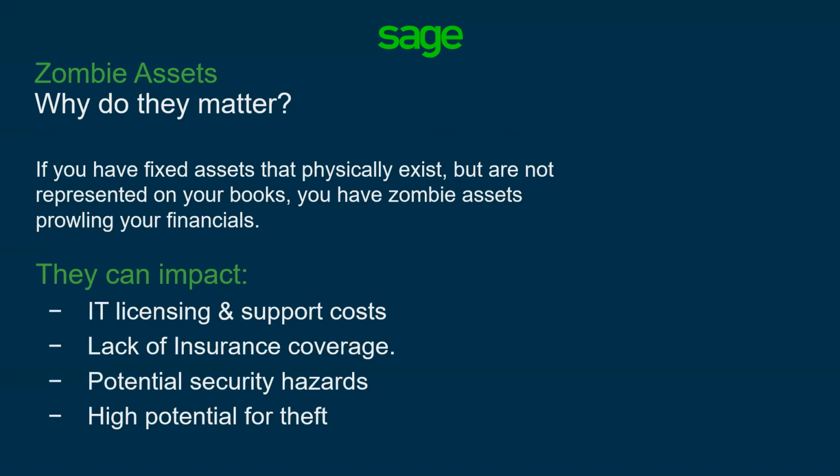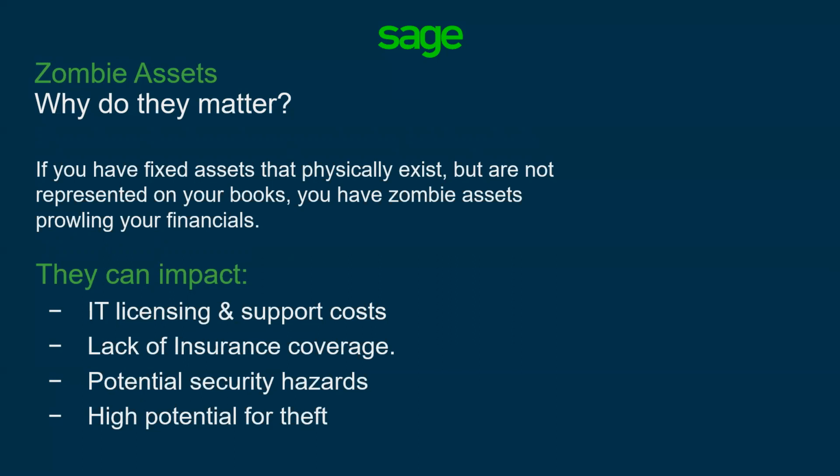Zombie assets, of course, can also have some financial impact. If, for example, you're inventorying software, you may not have the right amount of licenses, and you certainly don't have any insurance coverage on them because you don't have them on the books, but someone has placed them in service in your organization.